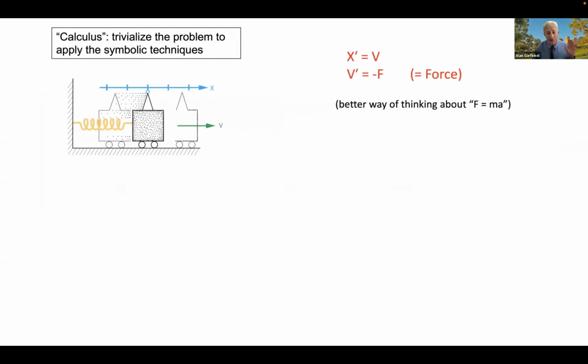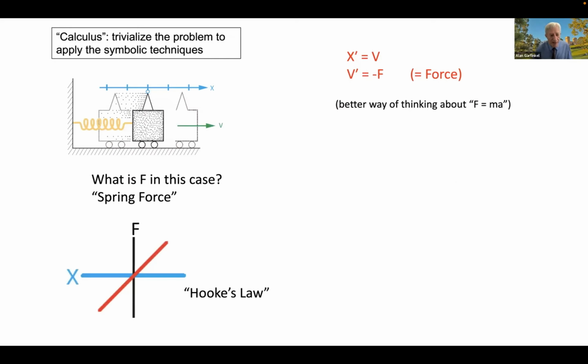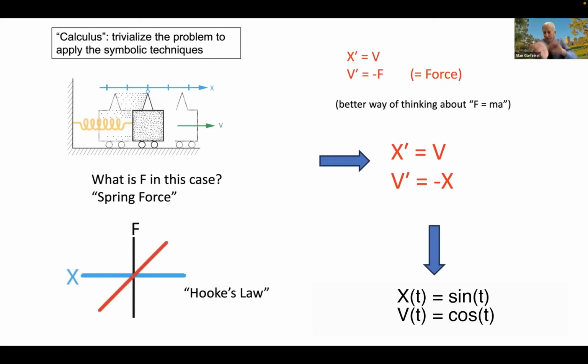It trivializes the problem in order to be able to apply the symbolic techniques. So you take a mass-spring system and you assume that the spring force is given by Hooke's law, F equals kx, a linear relationship. That gives you a linear differential equation. Ooh, that linear differential equation can be solved with calculus techniques.